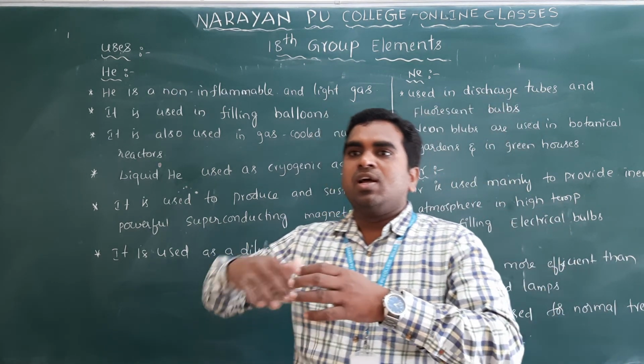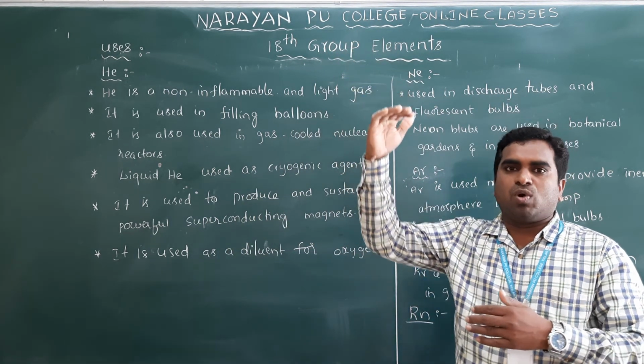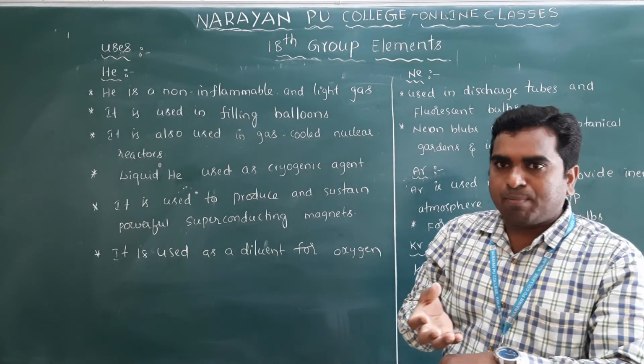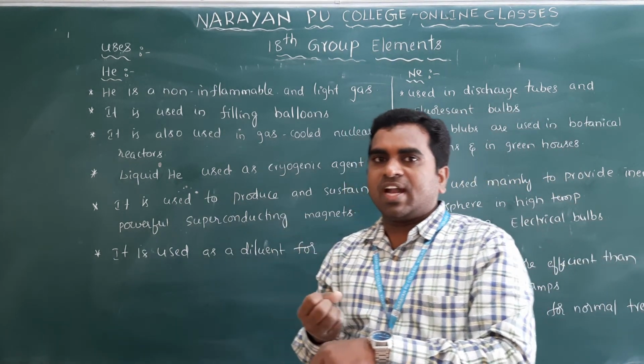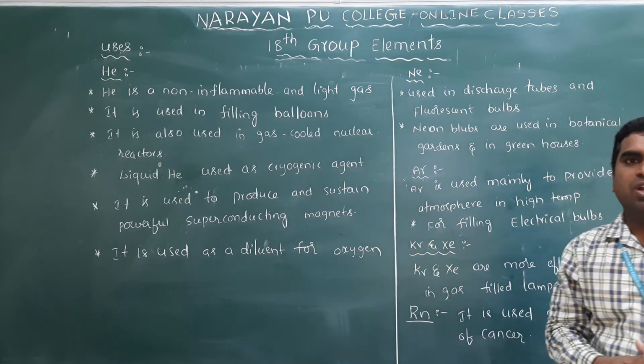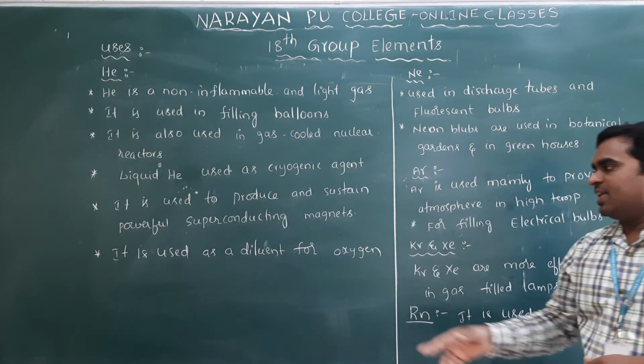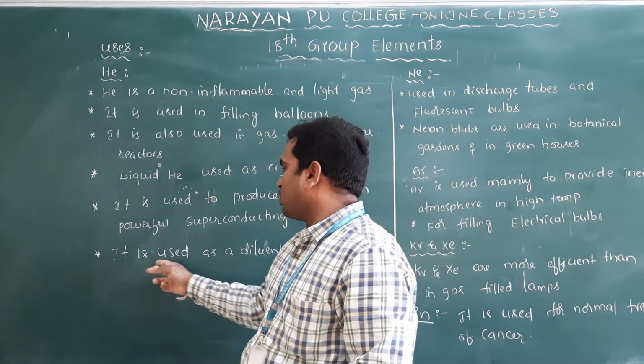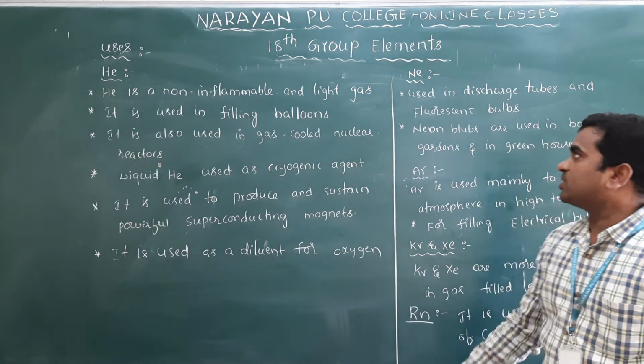When we come to the surface, the nitrogen comes out of the blood and causes pain and diseases. So that's why it is diluted with helium. These are the main important points of helium.